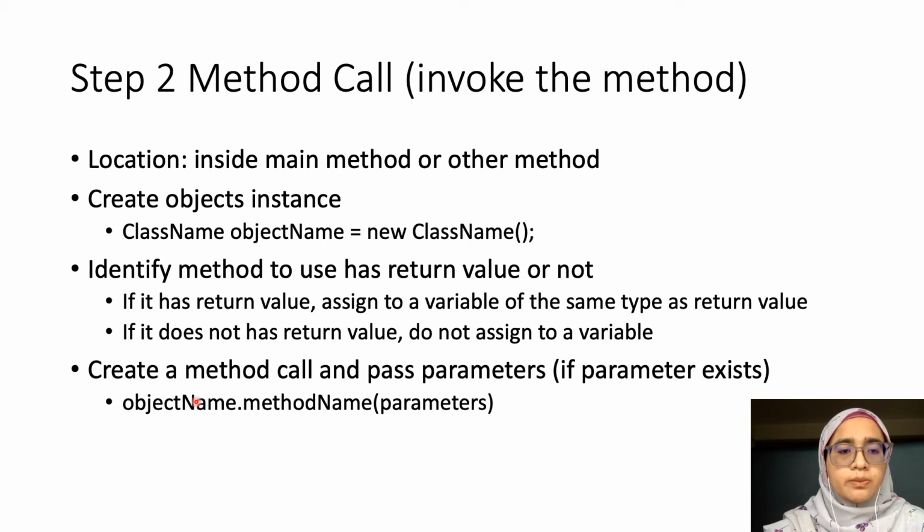Alright, now the fourth point that you have to know is create a method call and pass the parameters if the parameter exists. So, macam mana nak create method call? Okay, macam biasa, ambil object name. Object name ni selepas class name tadi itulah the variable for the object. Okay, the variable for the object ataupun object name dot method name. Okay, in the bracket parameters, which is ini bukan parameter, ni tolong betulkan.